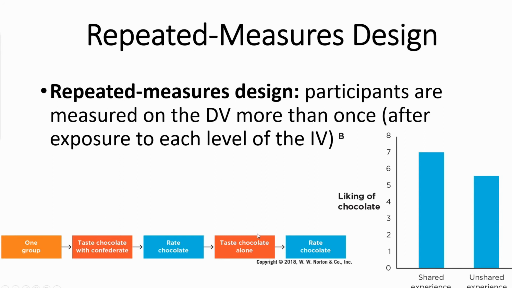Then they have the next exposure, so the next level of our independent variable, tasting that chocolate alone, and then they are rating that experience. We have that dependent variable being measured again, following the second level. So we are repeatedly measuring our dependent variable after each exposure.